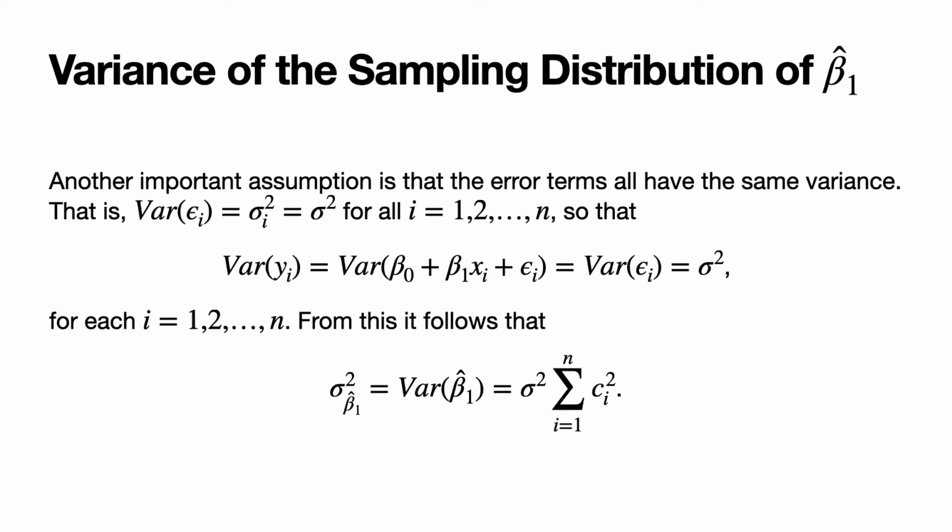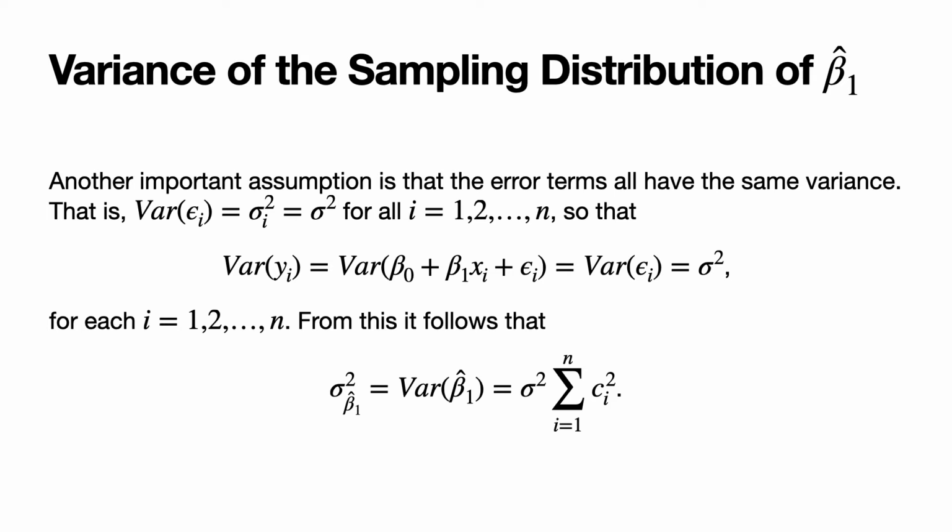Now, another important assumption is that the error terms all have the same variance. What that means is that the variance of epsilon sub i, which we could denote by sigma squared sub i, because the error variances are all the same, we can remove that subscript on sigma squared, and so we'll just denote that common value of the variance by sigma squared.